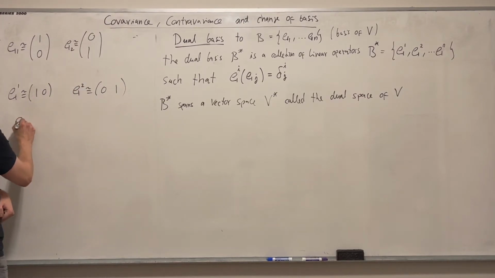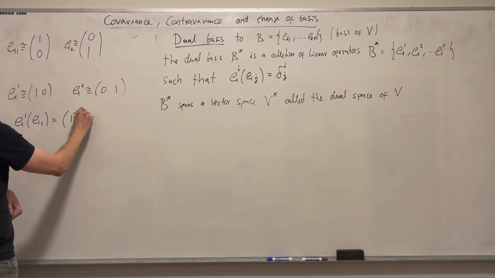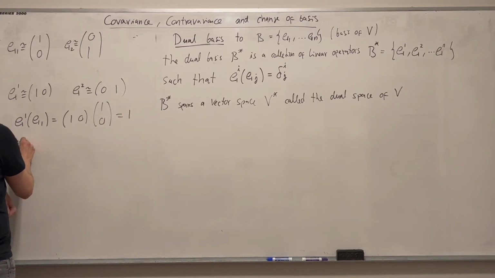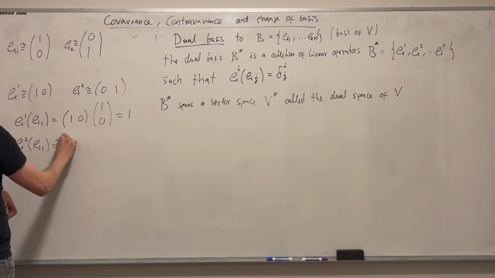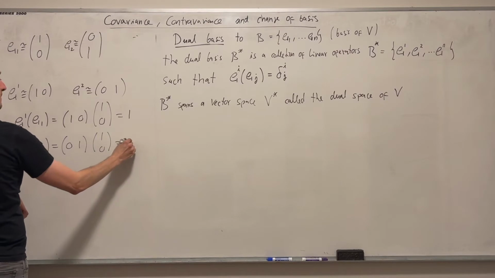Okay, what is E1 acting on E1? I have (1, 0) acting on (1, 0). This is 1. What is E2 acting on E1? That is (0, 1) acting on (1, 0). That is 0.